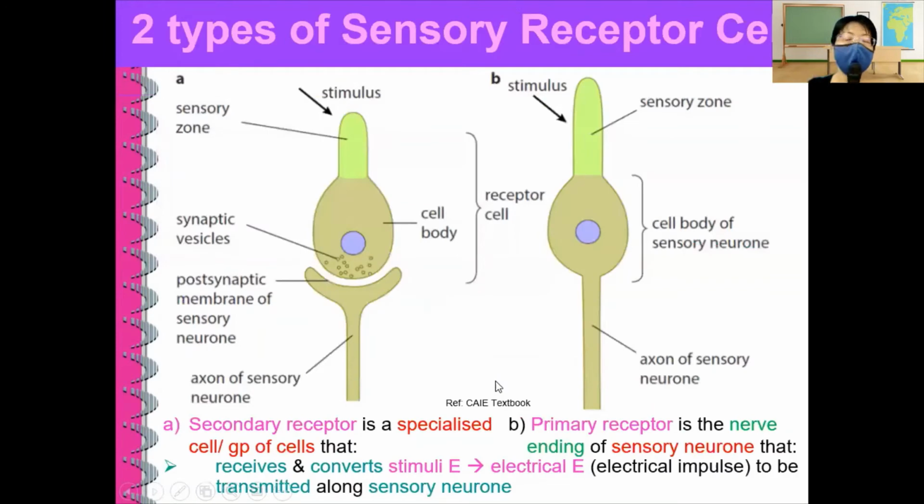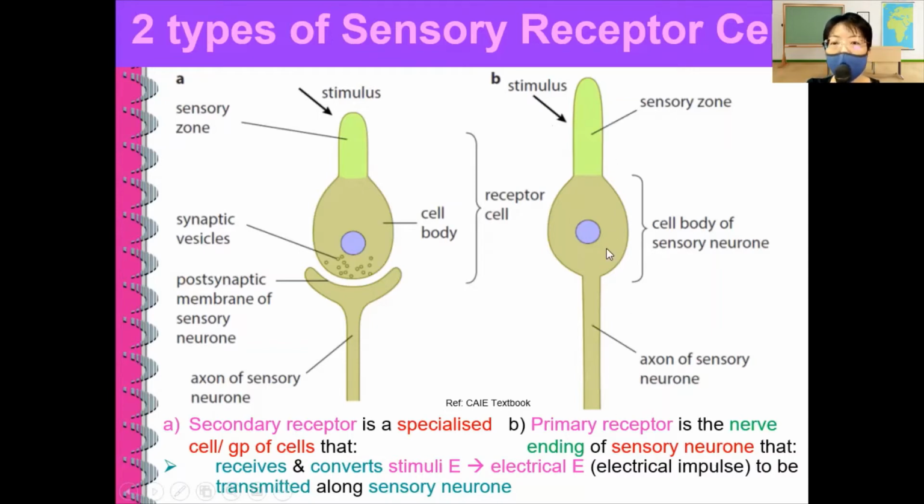But before that, let's look at the receptor cell. There are two types of receptor cell: primary and secondary. The first type of receptor cell is actually a neuron.